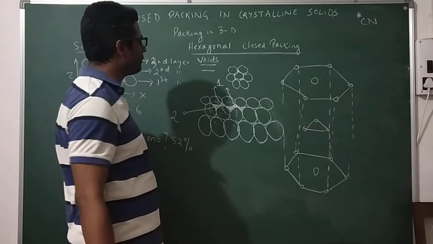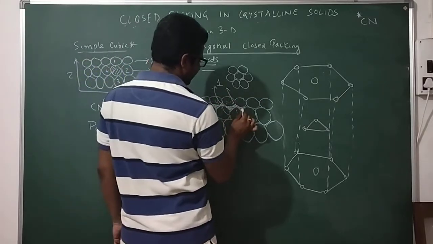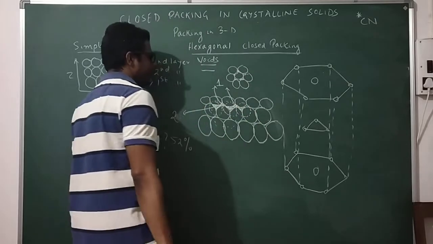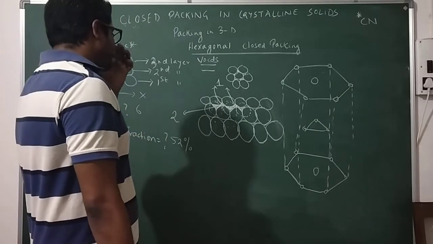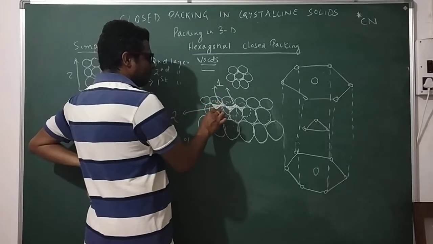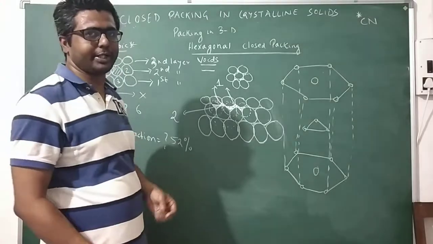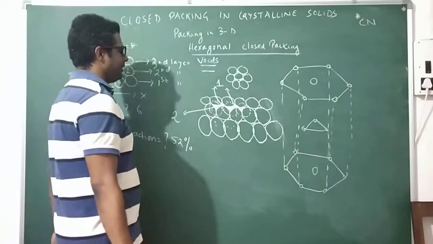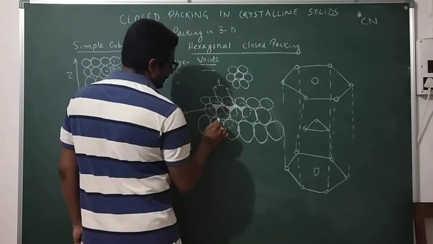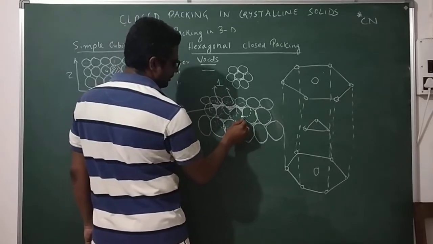I cannot put another atom in the same layer in void 1 because the space is getting occupied. Okay. So there can be one possibility that these atoms are occupying void type 2 or these atoms are occupying void type 1. Okay. So here also I am drawing the cells because we are talking about void type 2 over here.